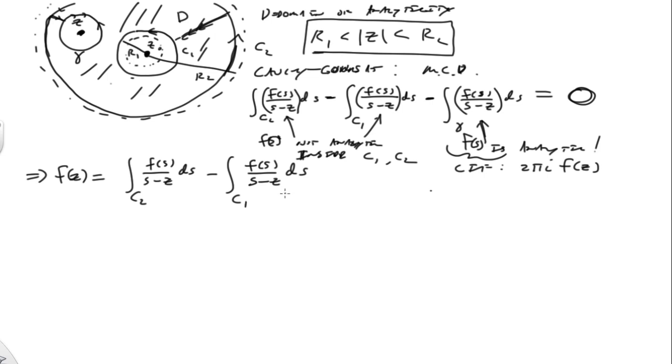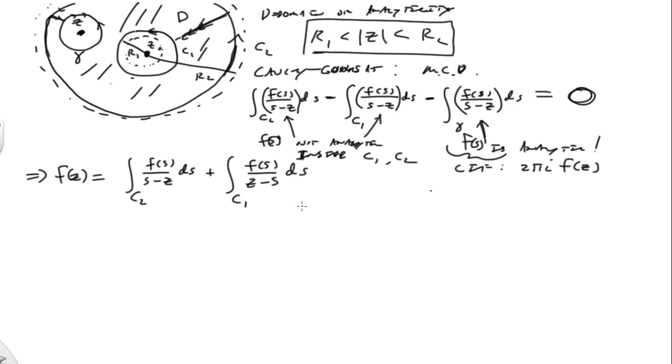One thing I'm going to do here is change the sign of this by changing the sign of the denominator. So I'm going to go plus, and now z minus s here.